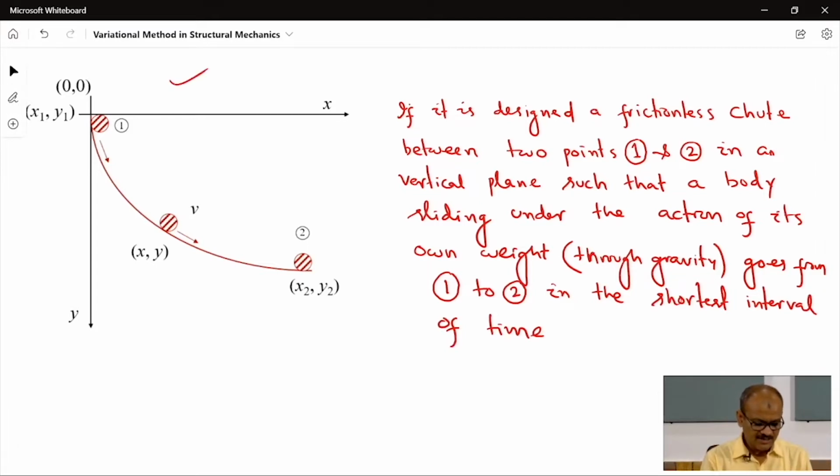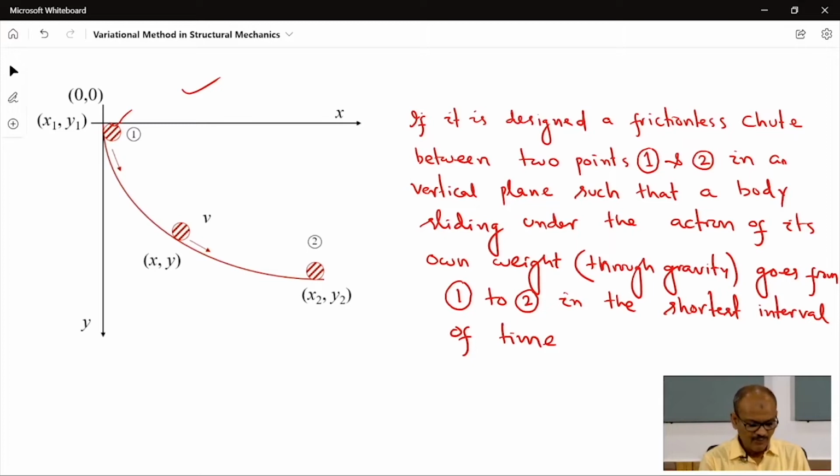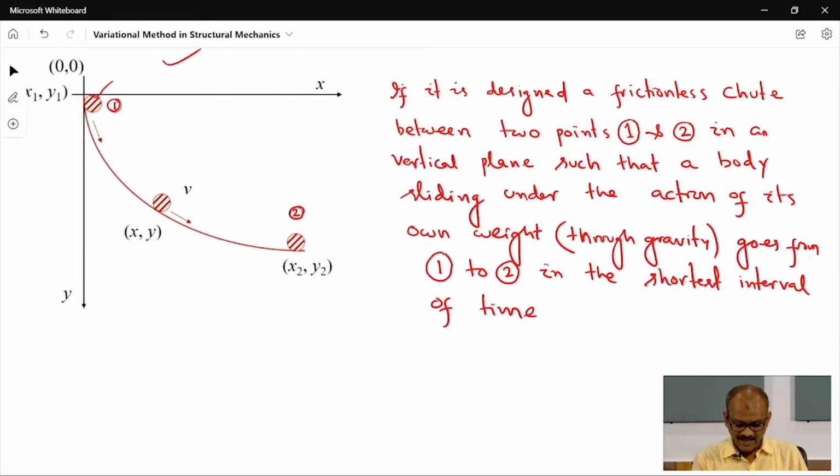You can see here, this path is in a vertical plane, and this body is moving from point 1, sliding under the action of its own weight and reaching point 2. So, what should be the path of this curve so that it will take the shortest time to reach from point 1 to point 2?